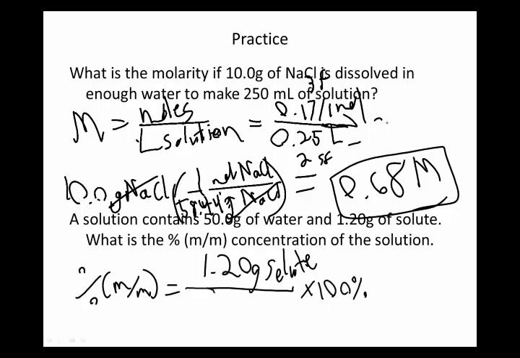It should be 51.2 grams of solution. You have to add them. The water is only 50 grams, but the whole solution together has a mass of 51.2. And so you're dividing 1.2 by 51.2 times 100, and you get 2.34% mass.